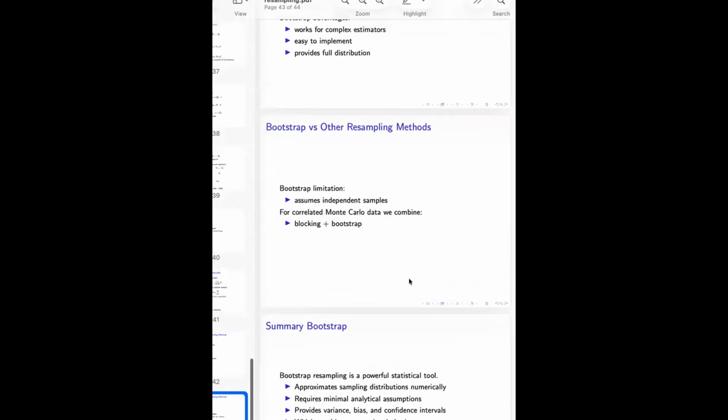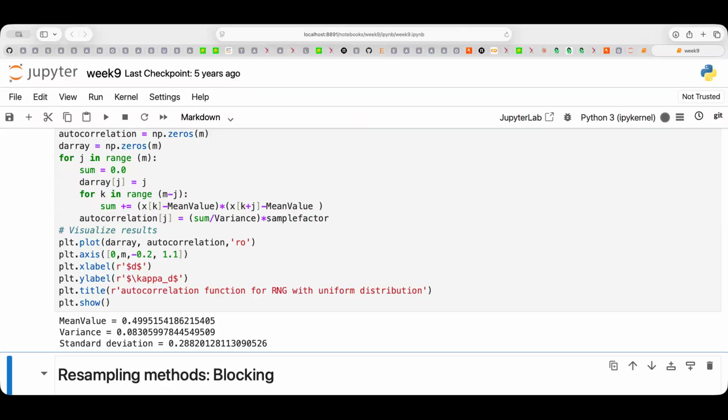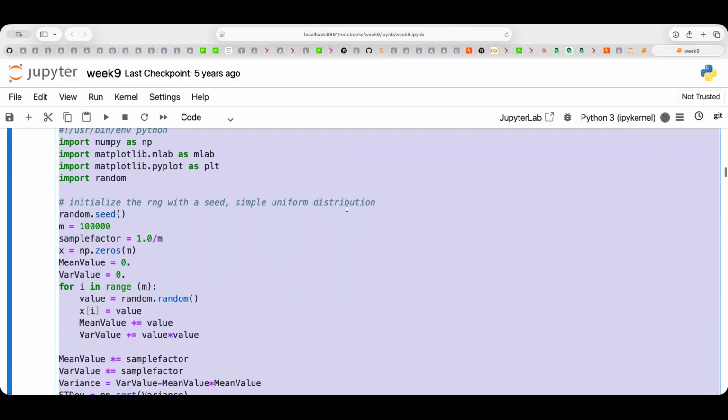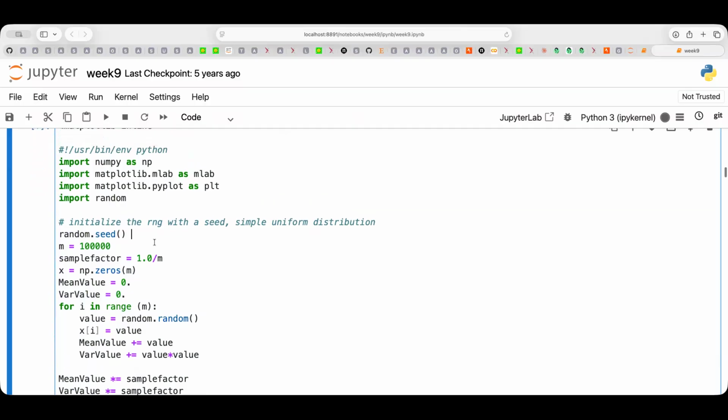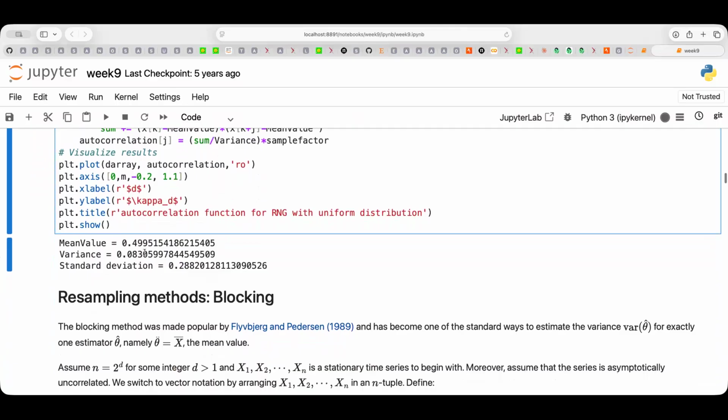Okay, so what I want to do now is to switch back to the Jupyter notebook and look at some of the examples which we have. You see, before the break, we started this job with 100,000 cycles, and it's still running.